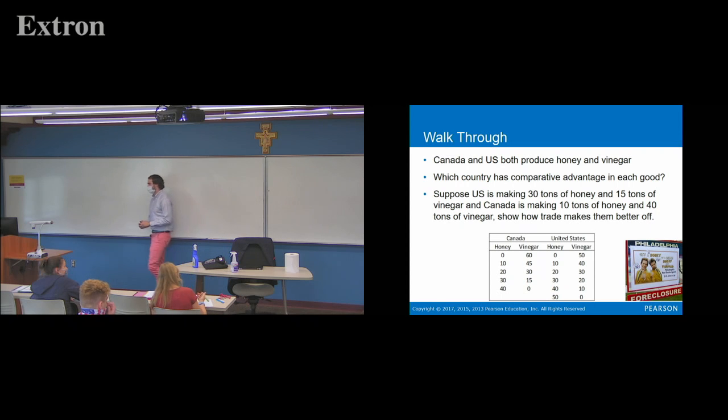15 units of vinegar. So we have 10 to 15, that's going to be 1 to 1.5. So the opportunity cost for 1 unit of honey is 1.5 vinegar. Now for the United States, what's the opportunity cost for vinegar going to be?